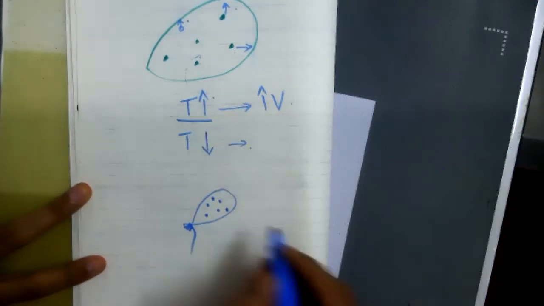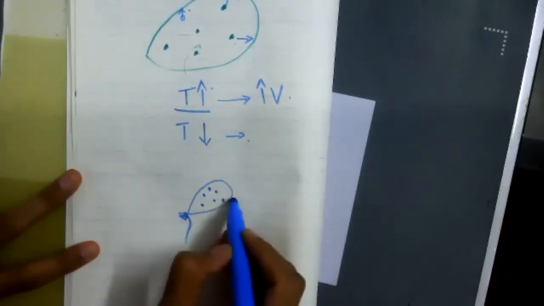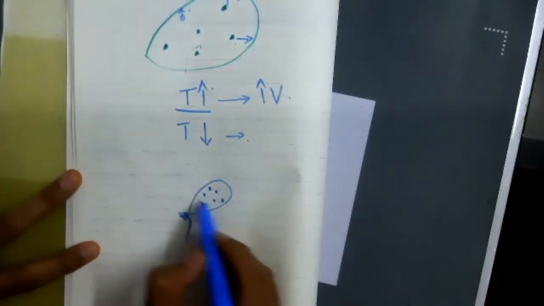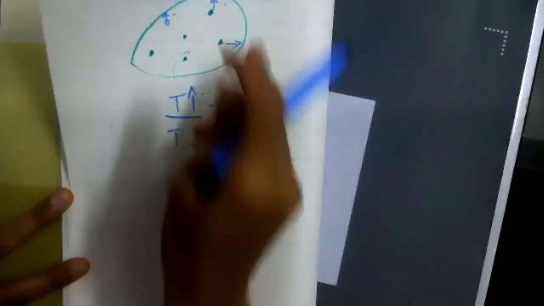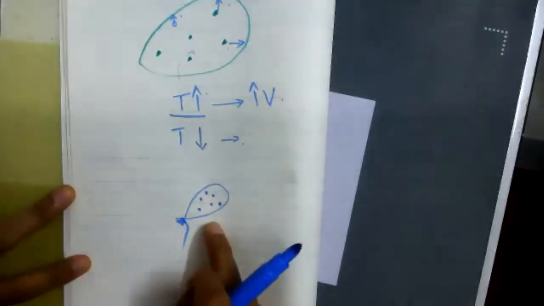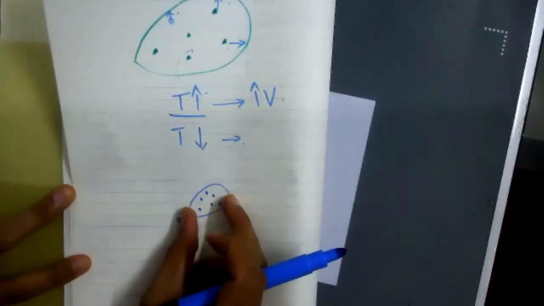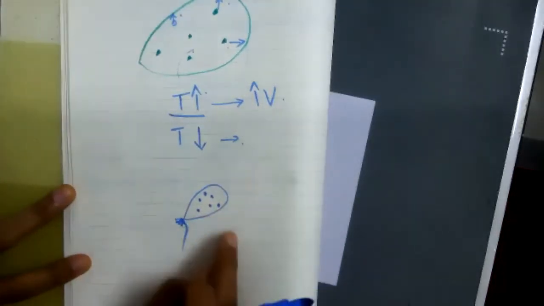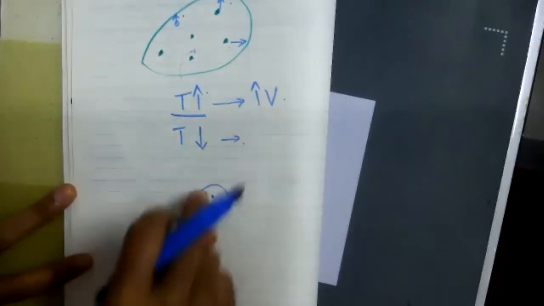My drawing is not that good. The same 6 particles are in a small volume. The number and size of the particles are the same, but they are occupying less space, and therefore the volume is less. That is because the temperature is less.